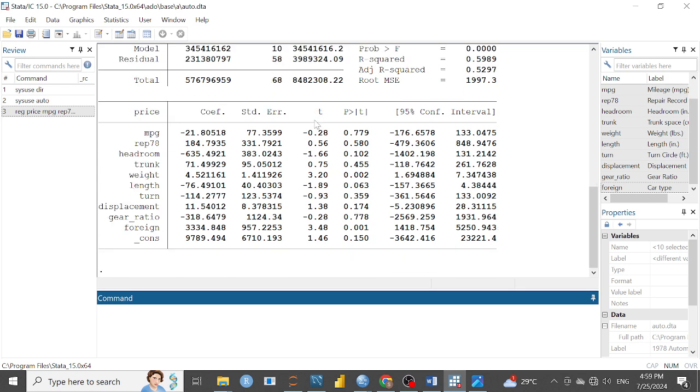You can also use this T. When you look at T, the higher it is, the closer to significance. But before you can use this, we need to look at the value very well. Take the absolute value.